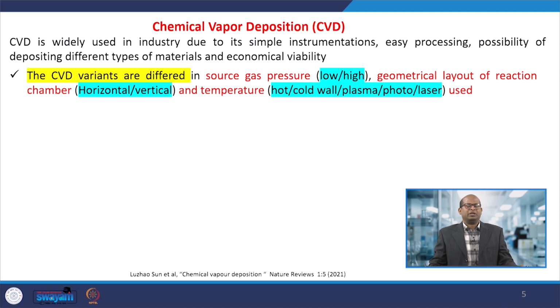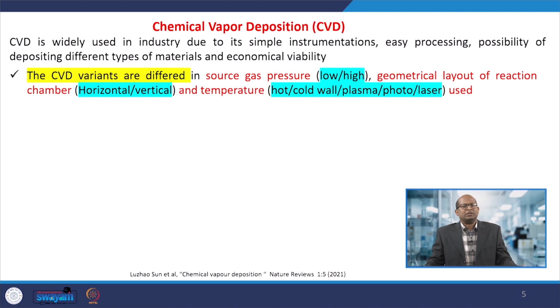There are various types of CVD. The basic CVD process uses a starting material precursor, which may be organic or inorganic, as the source of the desired film formation. Once the film is formed, there are some reactions, and these reactions take place by different types of CVD.